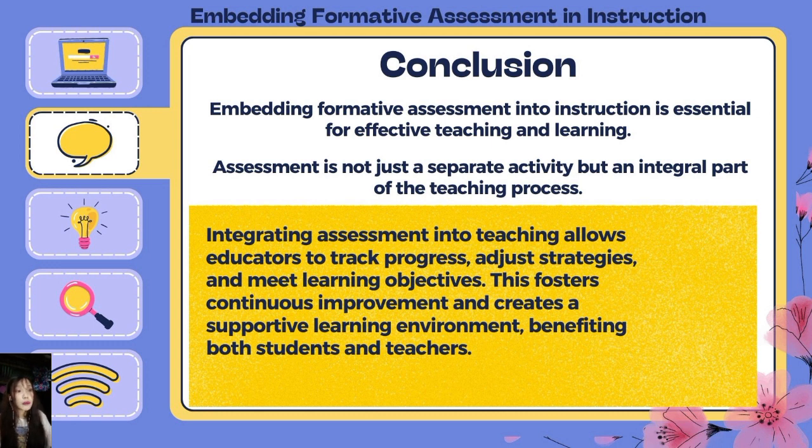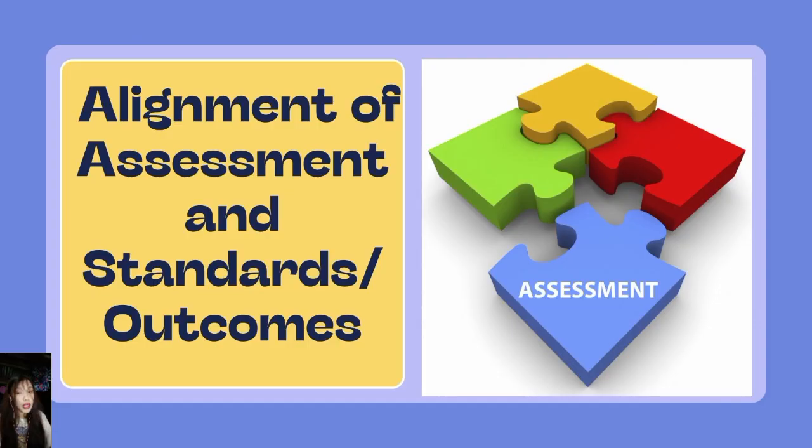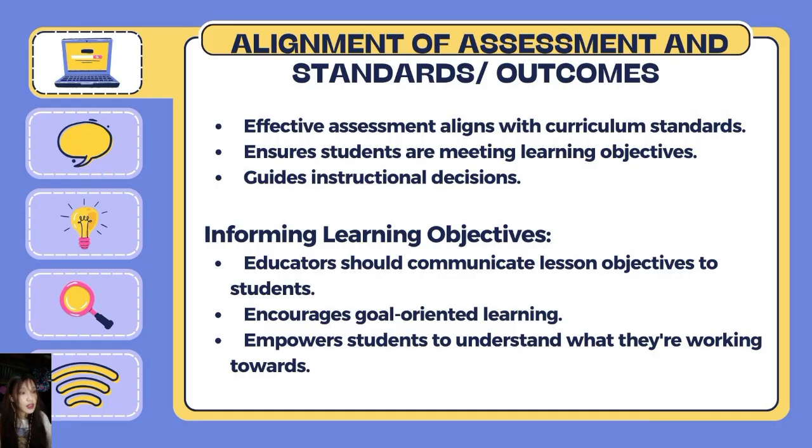So next, our second topic is all about the alignment of assessment and standards and outcomes. So first is the effective assessment. It aligns with the curriculum standards. This ensures students meet their learning objectives and guides instructional decisions.